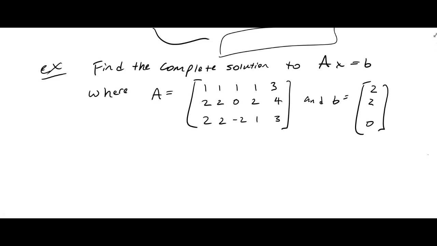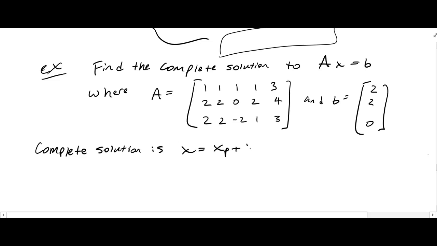So there's 3 possible cases for solutions to AX equals B. Either you have one unique solution, or you have no solution, or you have infinitely many solutions. So this complete solution thing has to do with describing all possible solutions in the case that there are infinitely many solutions. So the complete solution is x equals xp plus xn, where xp is one particular solution that solves AX equals B. You could, if you wanted, just try to guess what it is.